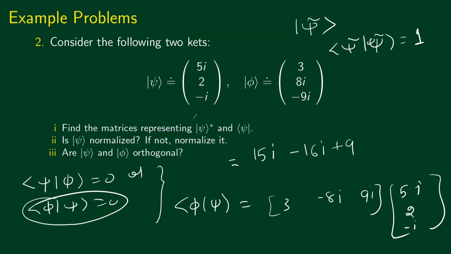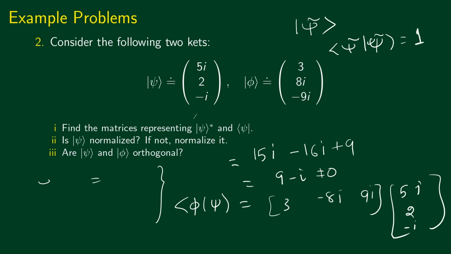So this is equal to 9 minus i. This is not equal to 0, which means that these kets are not orthogonal. We have seen that the inner product is a complex number in general, but this is not equal to 0, so these kets are not orthogonal.